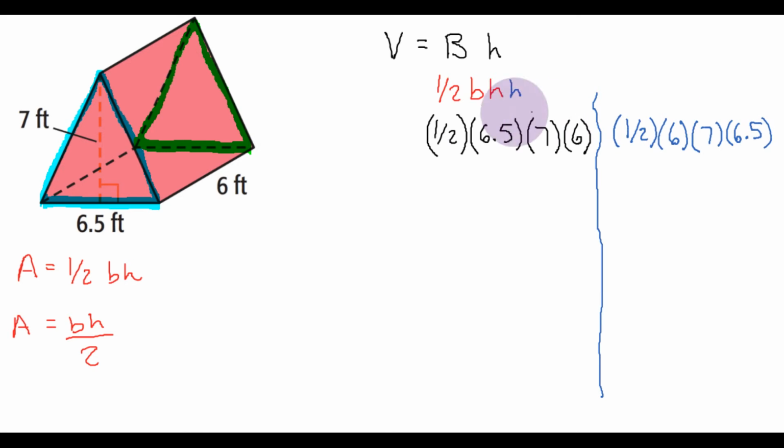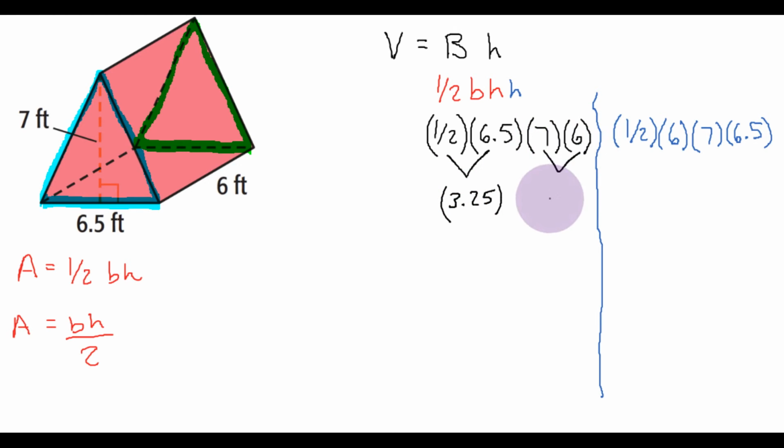Cool. So let's work through this problem first. Alright, from here, actually I said I could multiply straight through from left to right, but I'm actually going to just group values together using the associative property. I'm going to take half of 6.5 and 7 times 6, and let's just figure out what that is real quick. So half of 6.5 will give us 3.25, let's put that in parentheses.